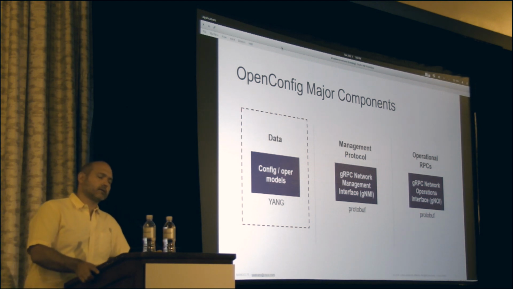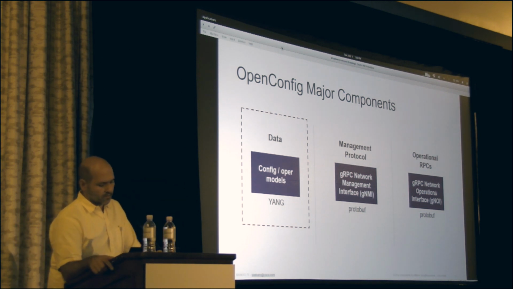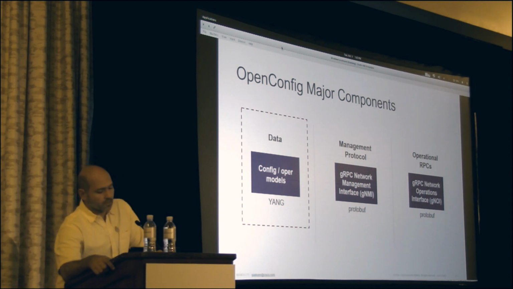I said that OpenConfig started to specify data models in the last 2 years, right? And for most people, so far, when they think OpenConfig, they think about data models. When you really zoom in, you realize that they're trying to tackle not just the data model piece. The data model piece was the one that was addressed initially.